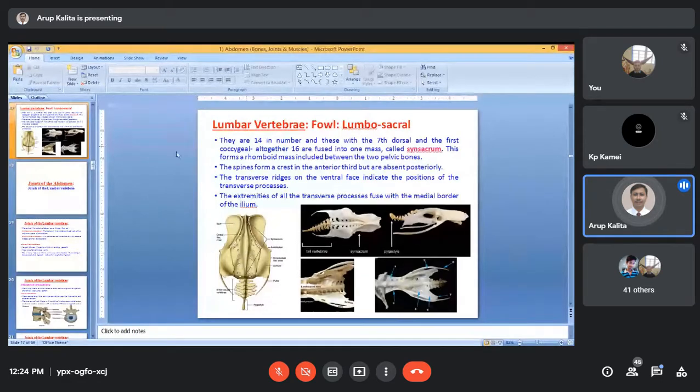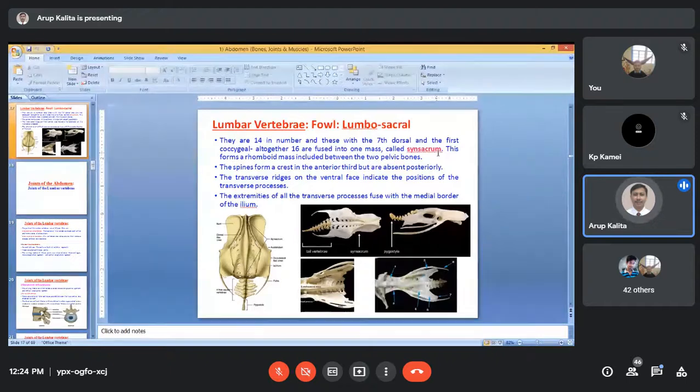They are 14 in number, and with the 7th dorsal, meaning thoracic, and the first coccygeal, together 16 bones form a mass called the synsacrum.